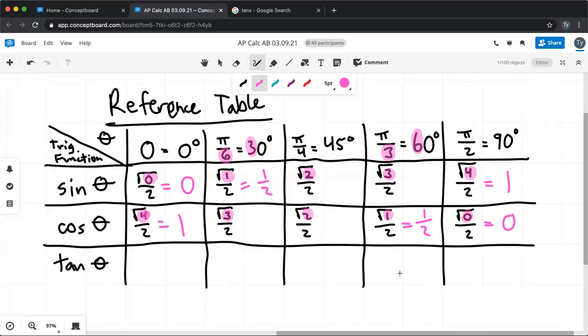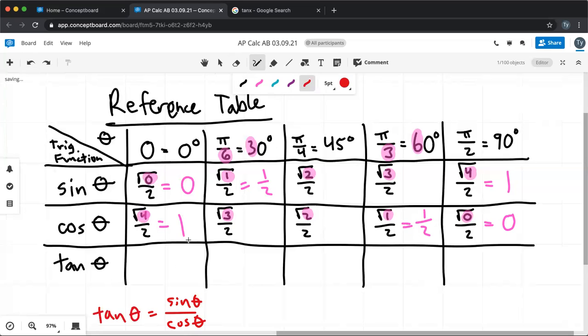All right, but I didn't give you tangent. Why? Well, because as we talked about, tangent of theta is the same as sine theta over cosine theta. So the way we get tangent, or the row for tangent, is we just do this one divided by this one gives us this one, right?